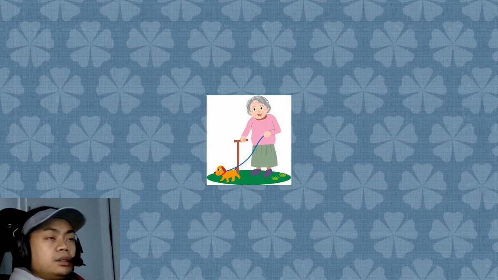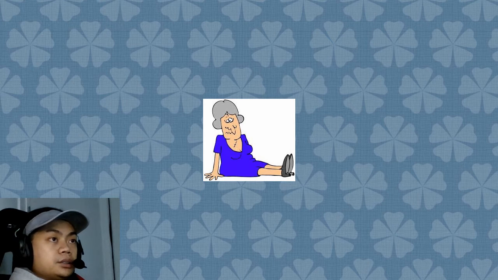They're fully functional. Decline in physical activity will lead to their frailty. There's 70% of those, the independent population. Lastly, we have the dependent and the frail population, which is the 25%. They need assistance with basic ADL.